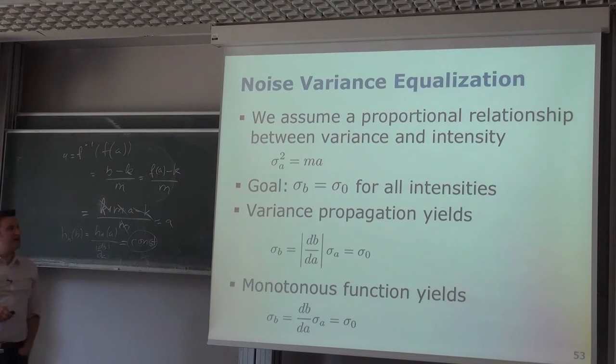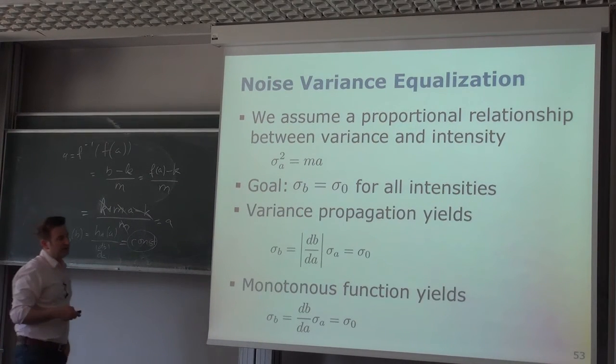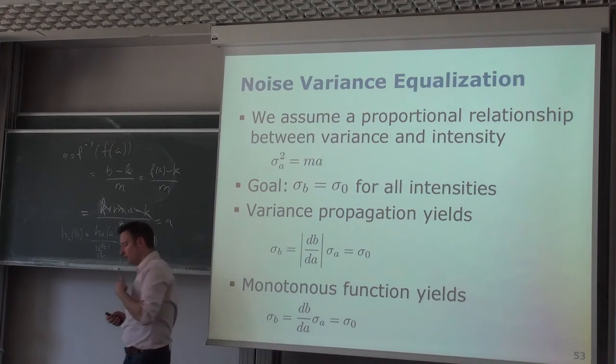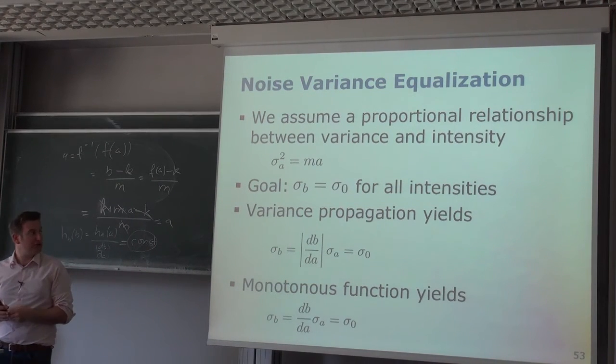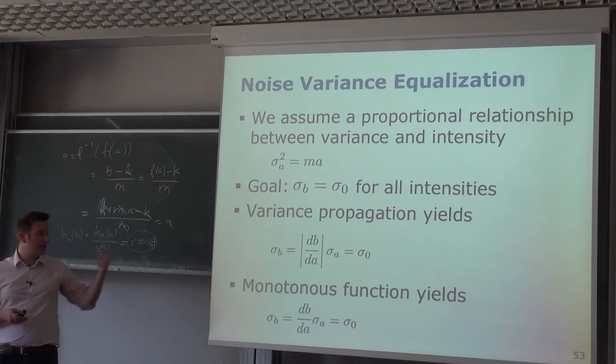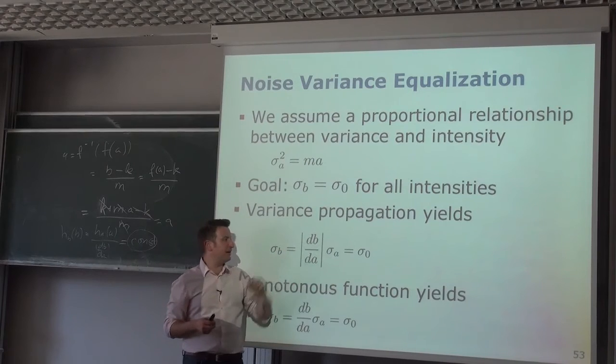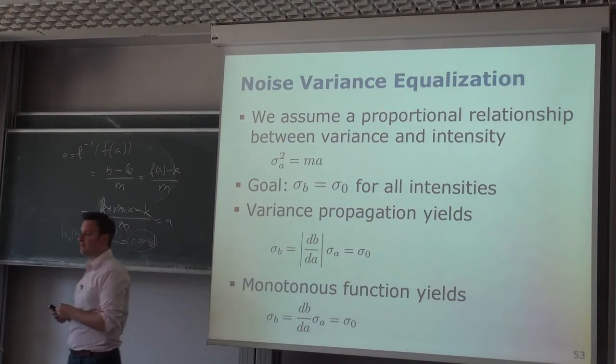Now I can start in a very similar way. How is the variance propagated through error propagation? If I transform it through a function, it depends on the first derivative of my transformation function.